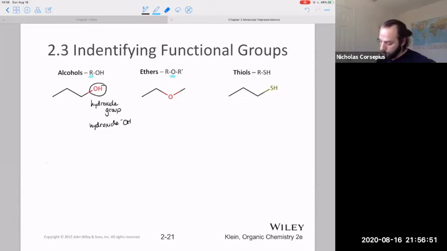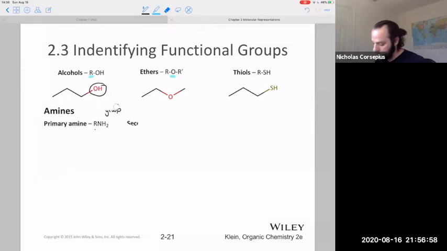So moving on here, the next group that we have is going to be the amines. Amines are nitrogen-containing organic molecules. A primary amine is when there's one carbon-nitrogen bond.